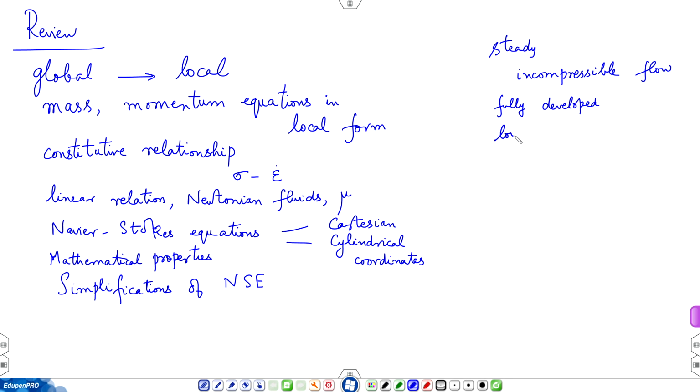We also looked at the low Reynolds number form of Navier-Stokes equations that give you Stokes equations.